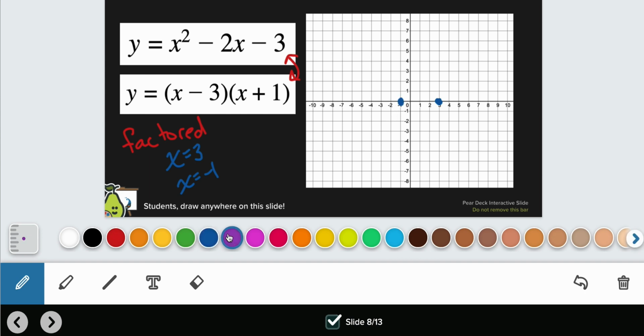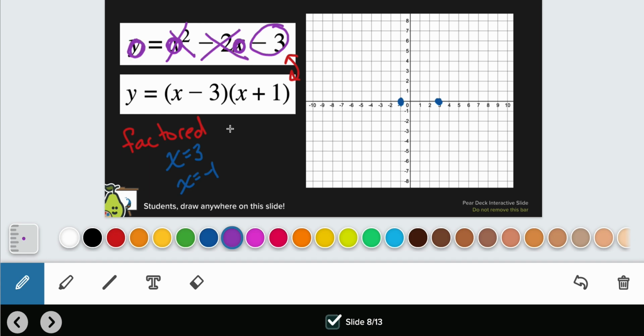There's another bit of information that I know, and that's this -3. When I put in the value 0 for x, 0 squared is 0, so that cancels out. And -2 times 0 is 0, so that cancels out.